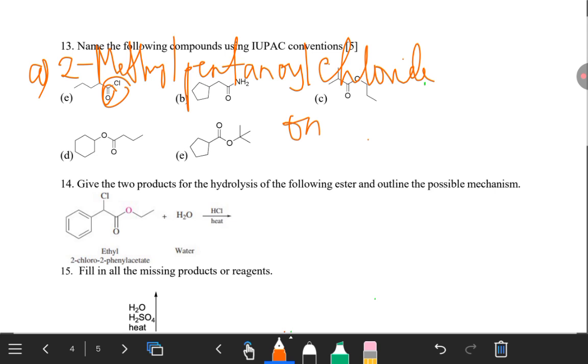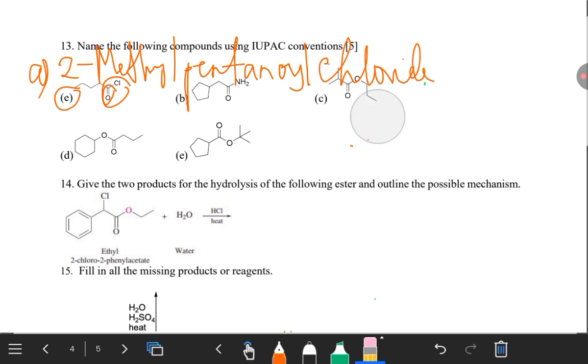It's a ketone, and for ketones they have a substituent which is ON, but because this is bonded to a chloride, so we just get O, then we add YL, then chloride. So that is the name of the first one, which is A.